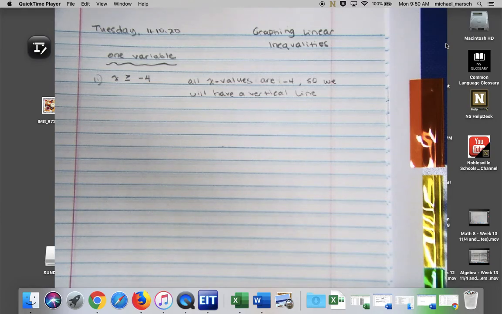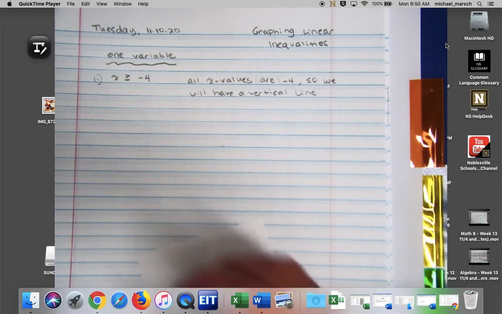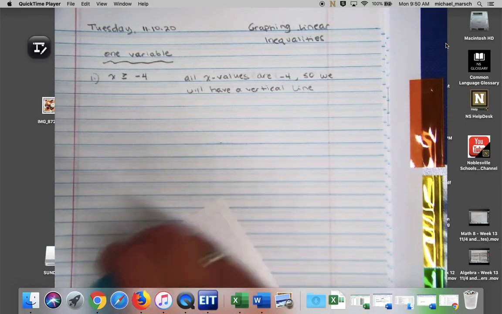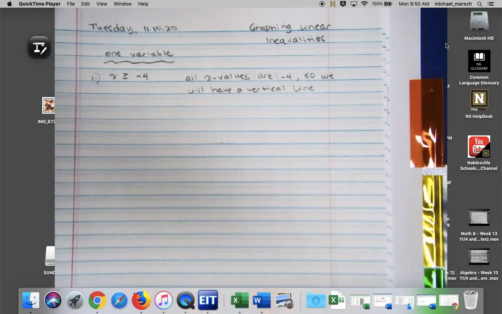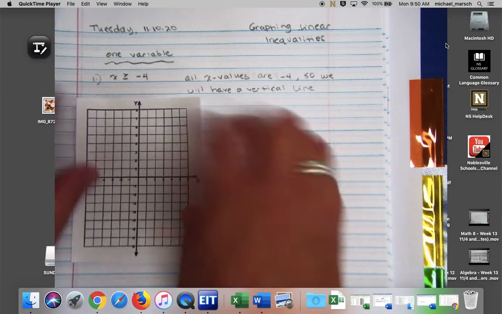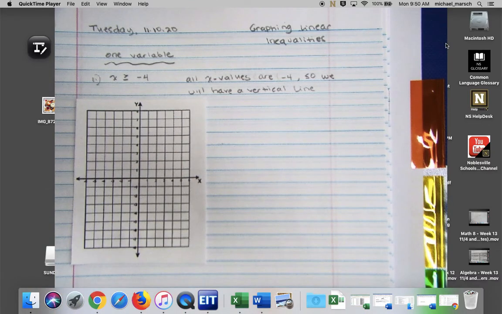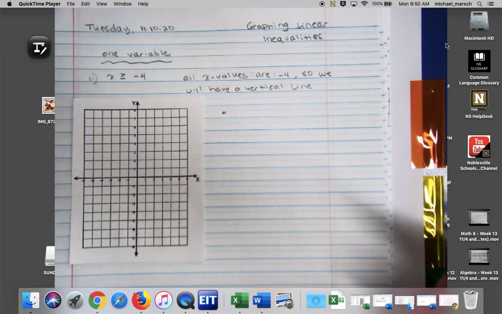Okay, so what I'm going to do is glue in my first graph to go along with this. Got my beautiful graph here. All right. And I'm going to go ahead and graph this. There's a couple things I need to keep in mind.